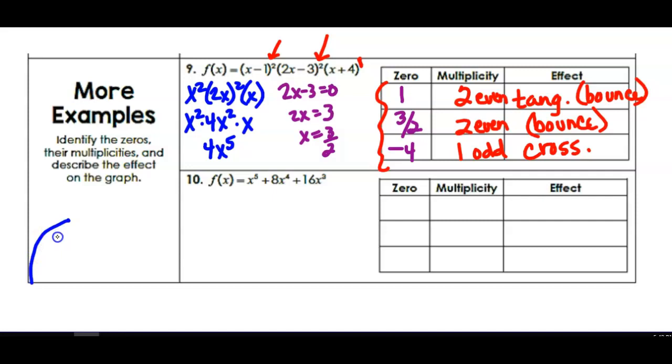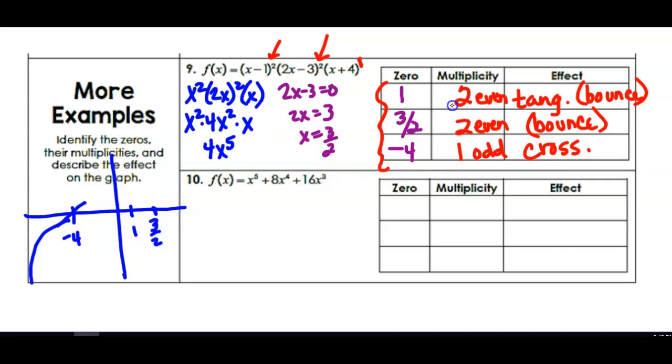Okay, it starts down on the left. If I were to try to graph this, it has a 0 at 1. It has a 0 at 3/2 or 1.5. I'm not using a good scale here. And over here at -4. At -4, remember we said it crossed. It goes right through there.